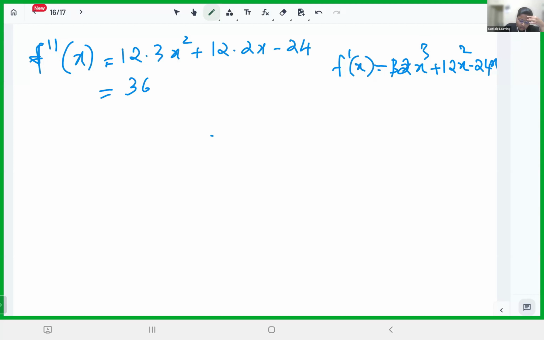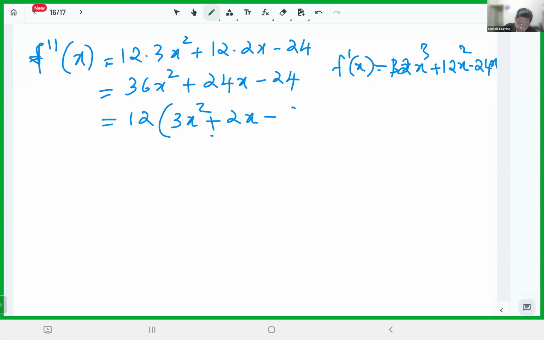That is 36x square plus 24x minus 24. If you take 12 outside, this will be 3x square plus 2x minus 2. So this is our f double dash of x.